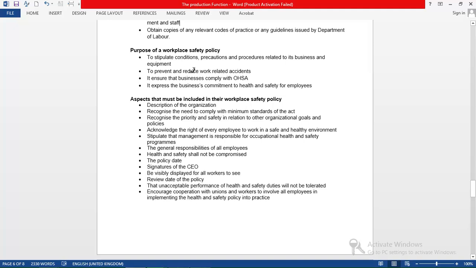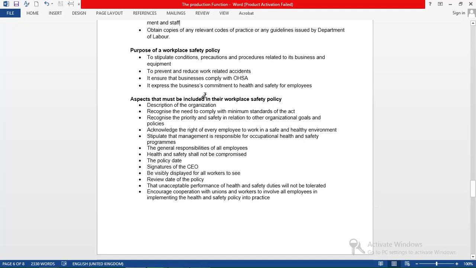Also, the safety policy is there to prevent and reduce any work-related accidents. How does it reduce and prevent? Because it provides precautions, ways and procedures. Procedures just means ways in which you're supposed to handle machines, how you're supposed to do your work properly without causing any accidents. And also, it ensures that the business complies with the Occupational Health and Safety Act. We spoke about it now.